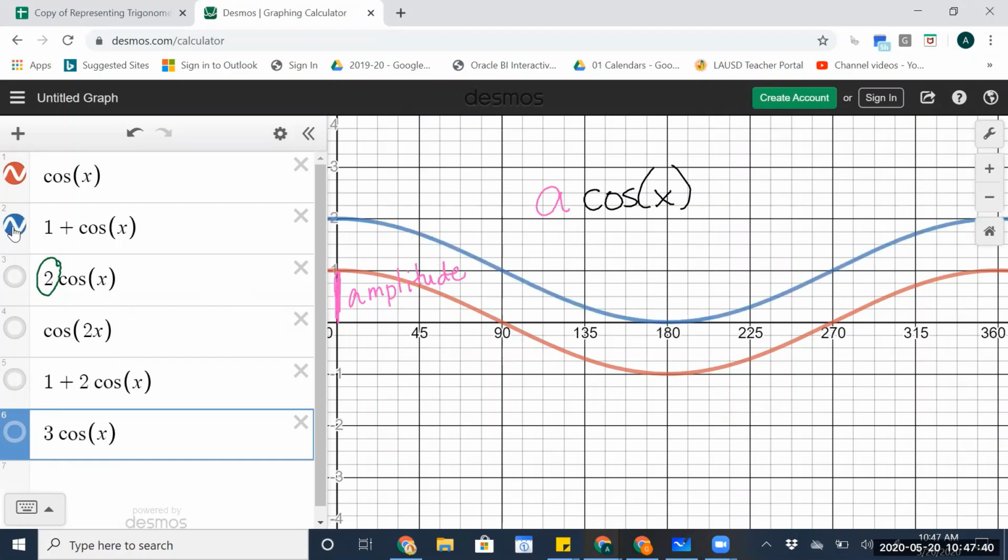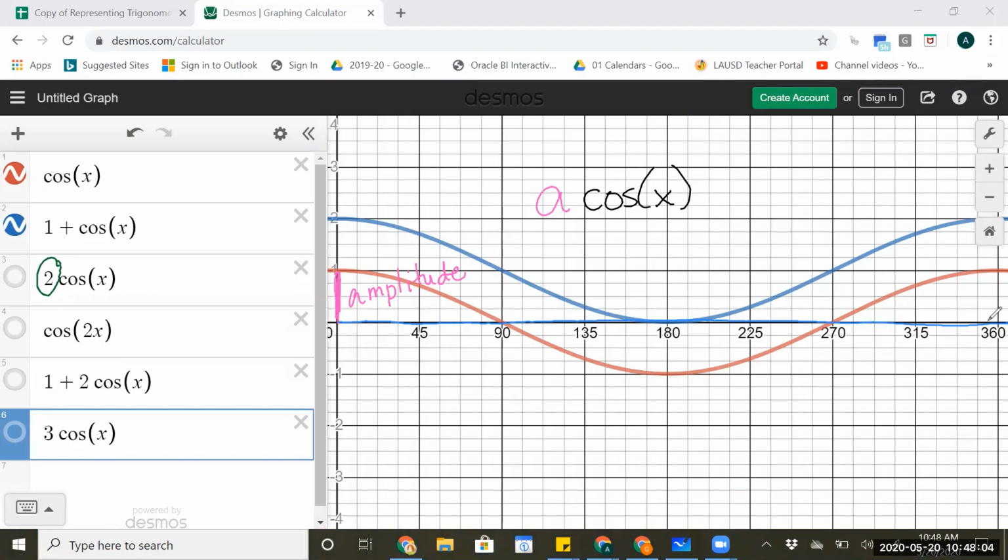Now we talked about that line that cuts cosine in half horizontally, right? So let's use blue for that. In the original parent function, we saw very clearly that it cuts it in half on the x-axis. The x-axis is that line that cuts cosine in half. Many of you know what's going on when I have a 1 plus cosine.